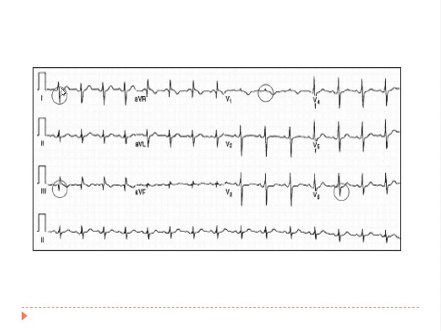A similar ECG with deep S wave in first standard lead, deep Q wave and negative T in third standard, right bundle branch block and negative T.